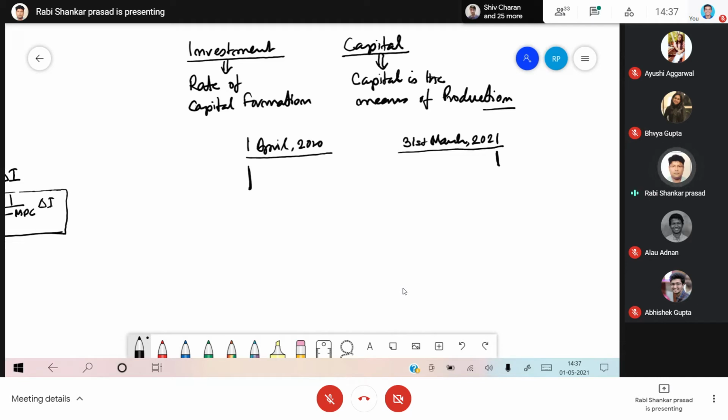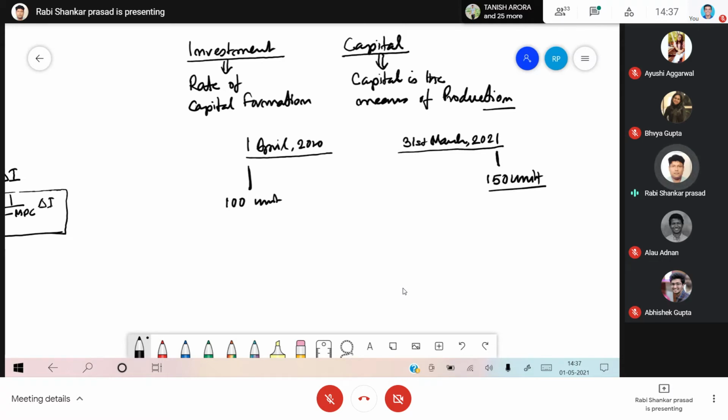On the 1st of April, suppose you check your plant or your economy to see how much capital you have. Suppose you find you have 100 units of machines. Again on 31st March, you calculate the total amount of machines and you get 150 units.